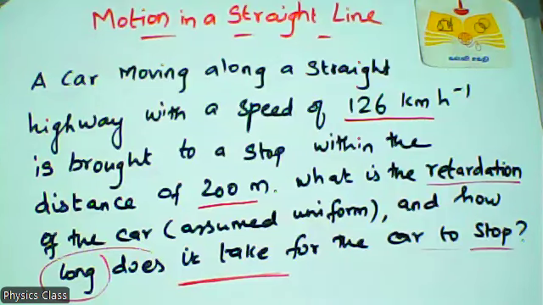But for a car or bus, the vehicle will come to a stop within seconds. So we have to find time with the unit of second. Clear? Okay, now we can go into the sum.